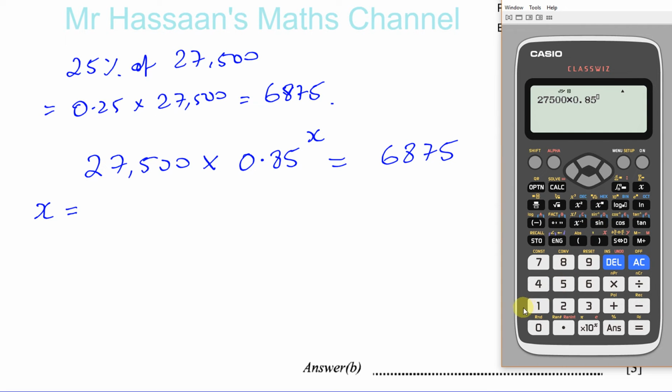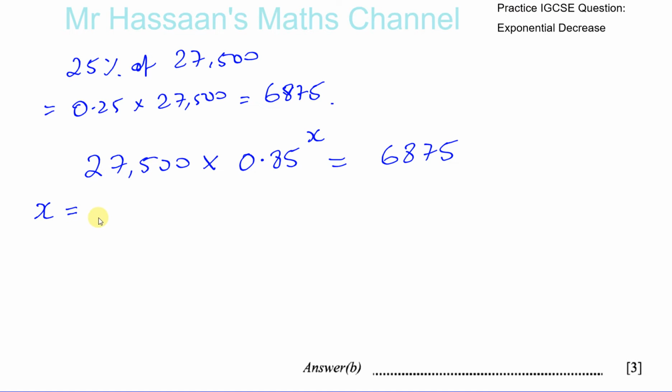If I try x equals 10, I get 5,414, which is too low. It means I've got to try a number which is less than 10, because the bigger the number is, the smaller the answer is going to get, because this is being reduced.